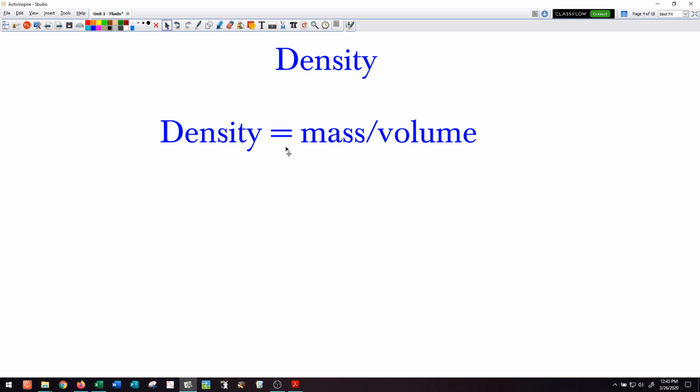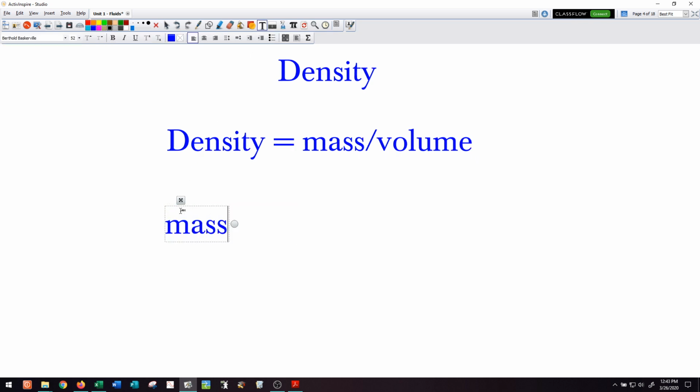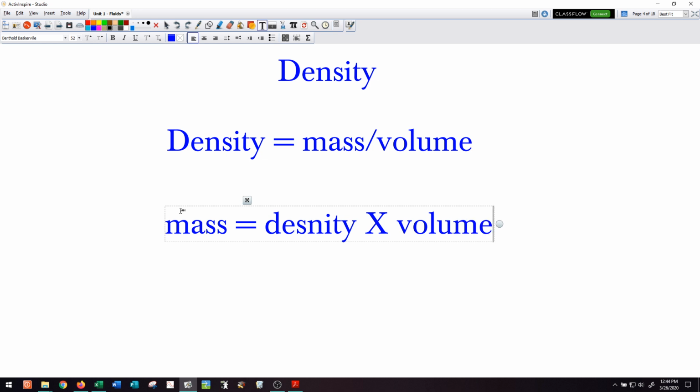Usually we'll rearrange this relationship and put it in terms of mass. So therefore mass is equal to the density times the volume. And that's a lot easier. Ooh, watch my spelling there. That's a much better relationship.